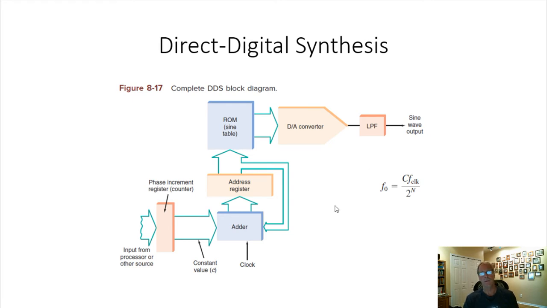The other way this is used is something called adaptive predistortion. If your sine wave coming out here is feeding an antenna system, and that transmitter and antenna cause the sine wave to be distorted, let's say the transmitter is not linear, or the antenna has some characteristics that create some nonlinearities in the sine wave, what you can do is pre-distort the sine wave in the ROM table.